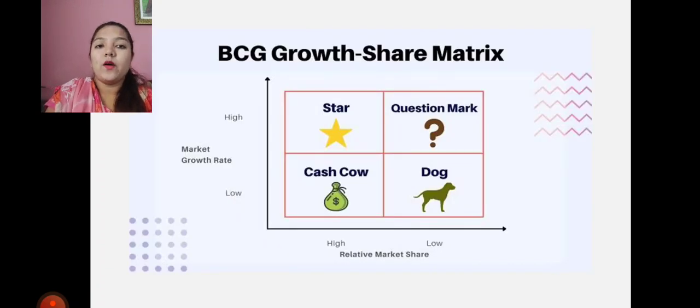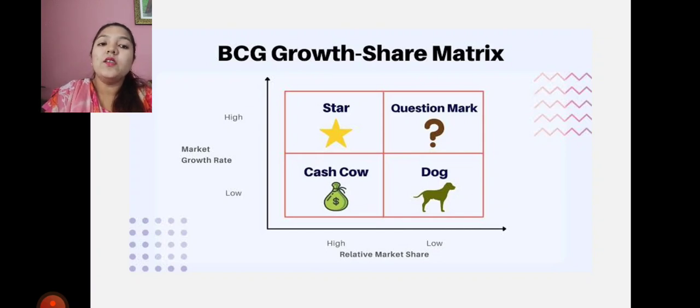This is the Boston Consulting Group growth share matrix. On the vertical side is the market growth rate, and on the horizontal side is the relative market share, defining high and low on both axes. There are four quadrants in the BCG matrix. Star has a high growth rate and high relative market share also.